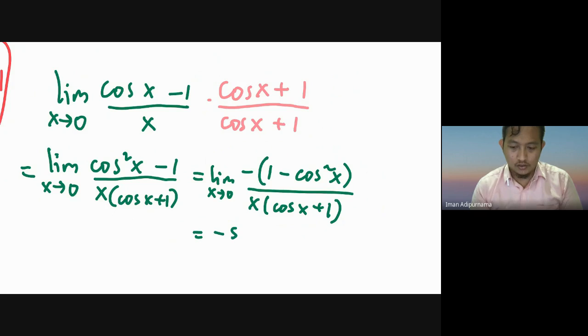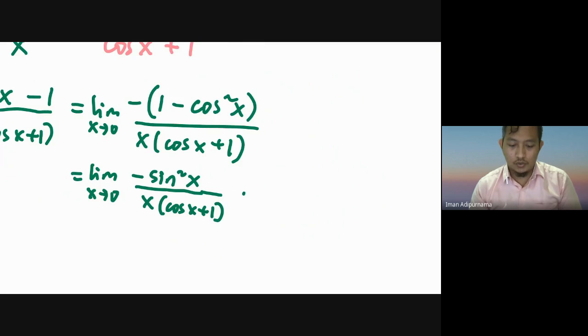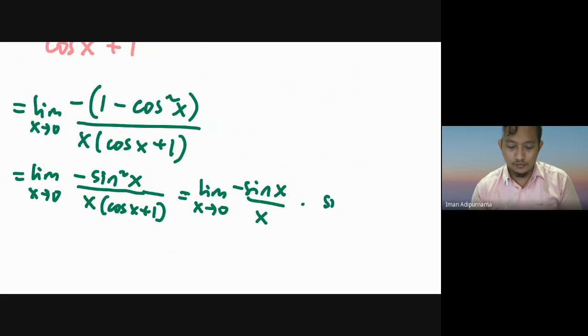So this will be minus sine squared x over x times cos x plus 1. I'm forgetting the limit, sorry. Then this will be 1, or it's negative 1, right?